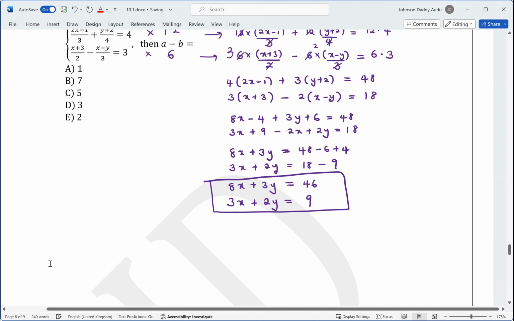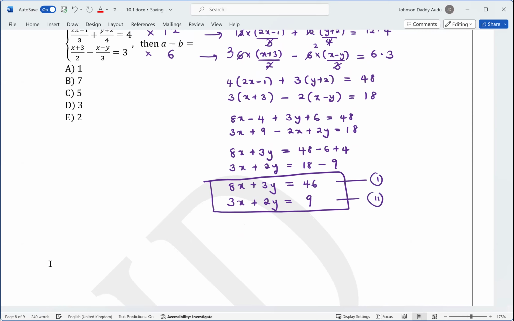Now to solve this one, we can go for elimination, or we can go for substitution. Let me call this one my equation 1 and this one equation 2. If I want to eliminate, let's multiply this by 2 and multiply this by 3.